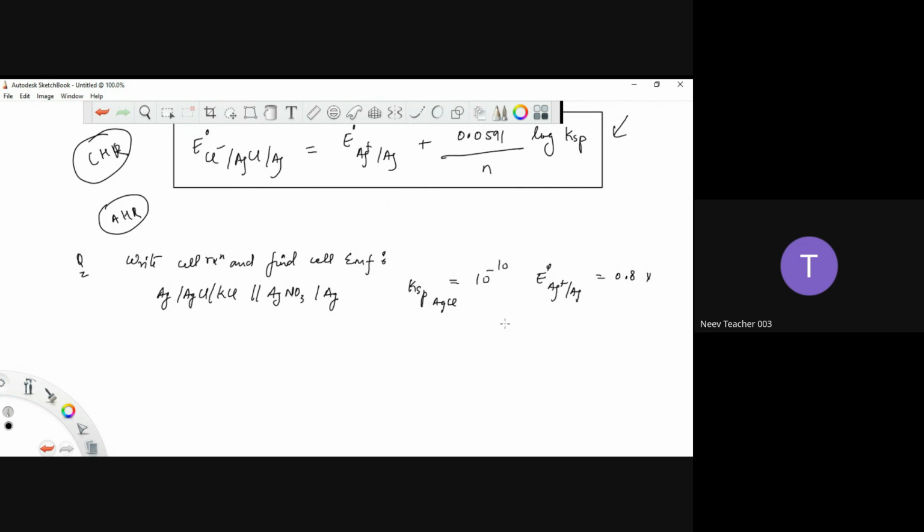Do it. KCl concentration is 10 to the power minus 2, AgNO3 concentration is 10 to the power minus 2 molar. Guys, do it.